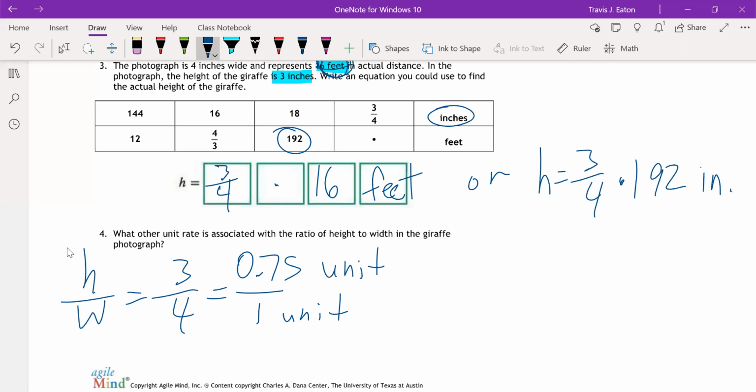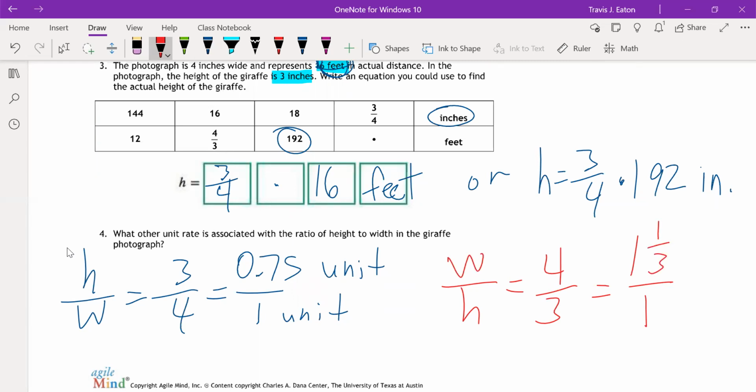We still have to talk about the other unit rate, where we turn it upside down. We talk about the width compared to the height, and in this case that would be 4/3. If we turn that into 1, 3 divided by 3 is 1, and 4 divided by 3 is 1 1/3.